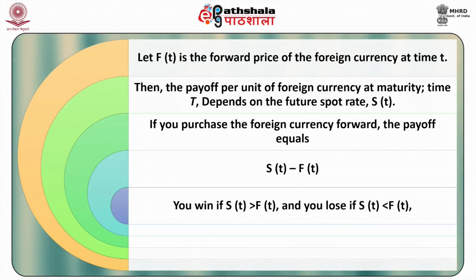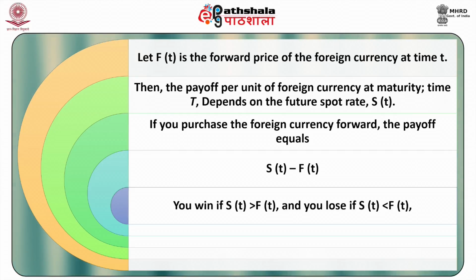If you purchase the foreign currency forward, the payoff equals S_T minus F_T. You win if S_T is greater than F_T and you lose if S_T is less than F_T.